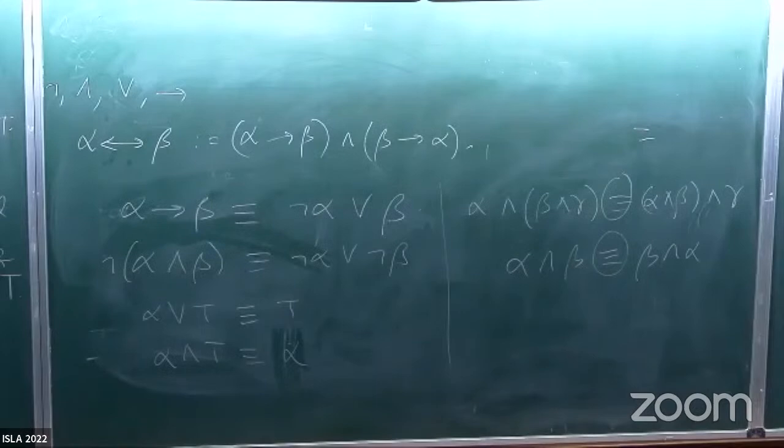So what's the immediate next step? You observe that this triple bar is an equivalence relation on the set of formulae. So you have reflexivity, alpha is logically equivalent to itself. You have symmetry, and you have transitivity, right? So you get the quotient set. So the set of formulae is partitioned. I hope everybody here knows that.